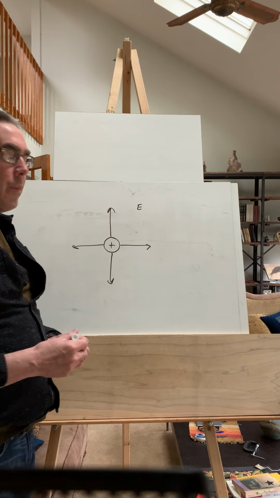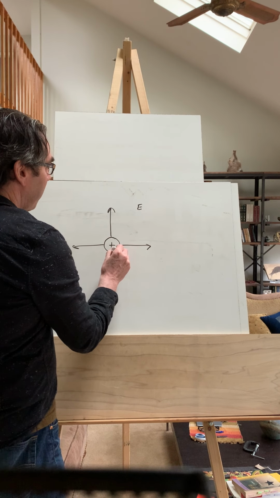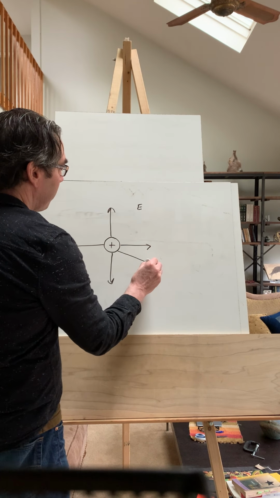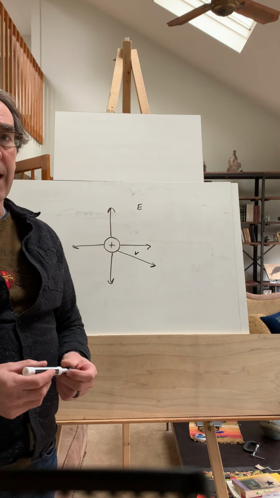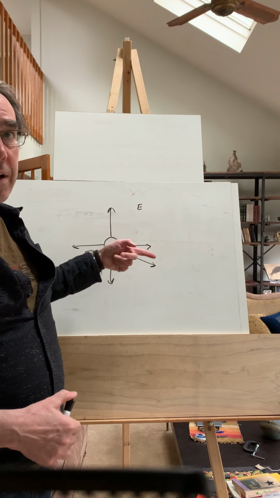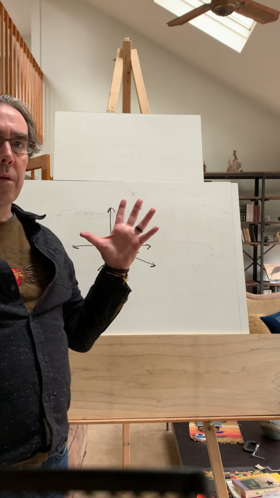The thing is, if you put this thing into motion, give it some velocity, suddenly all sorts of things start happening. First of all, it's moving, it's got a velocity. Secondly, as soon as it does that, a magnetic field appears.